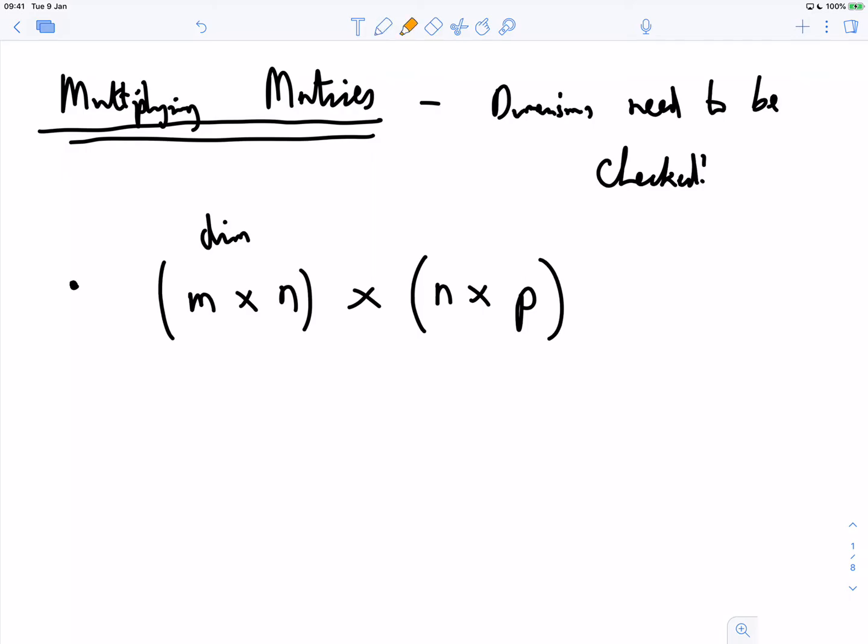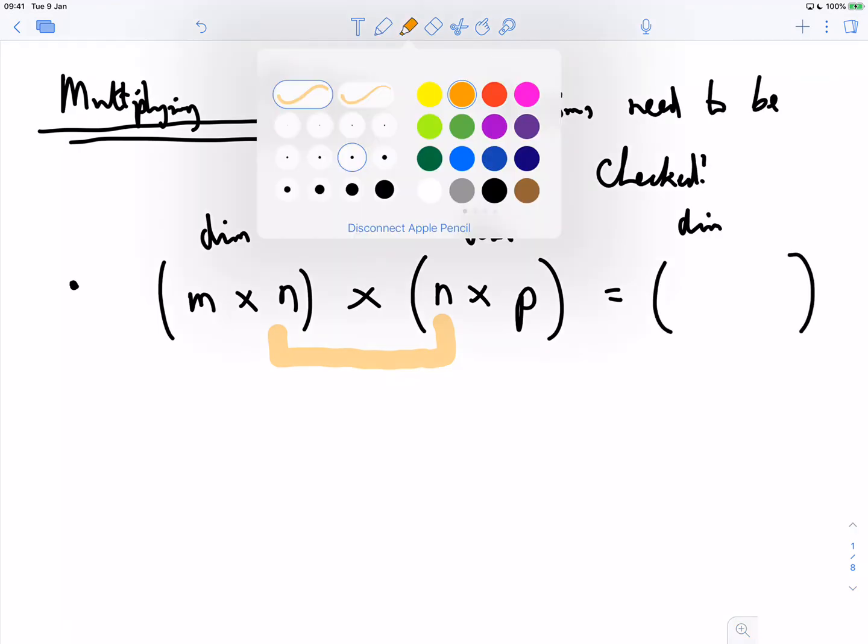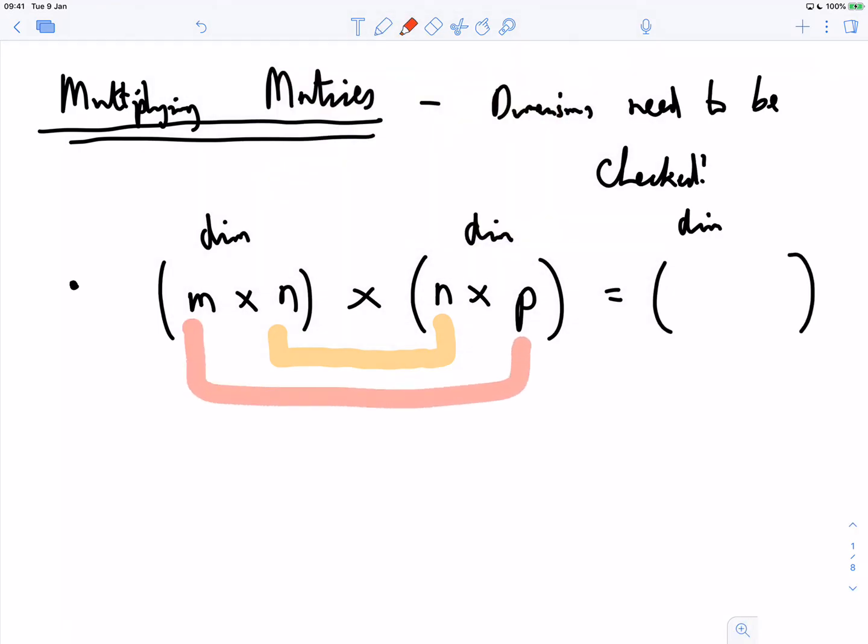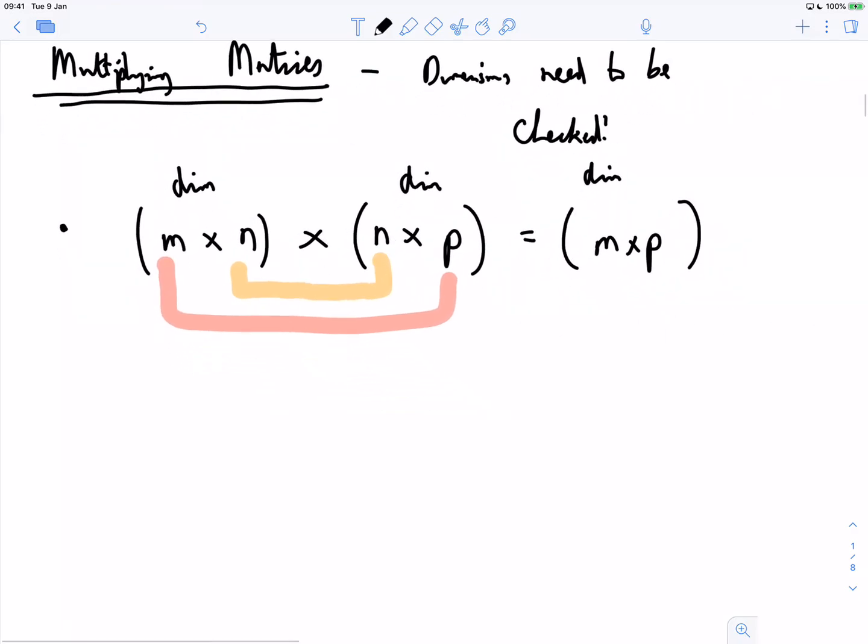Then the check is, if these two numbers are the same, then the output matrix is going to have dimensions of m by p. Okay, and that's really weird.